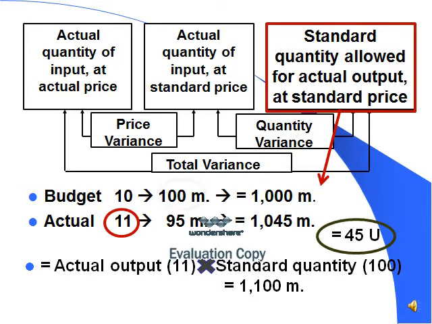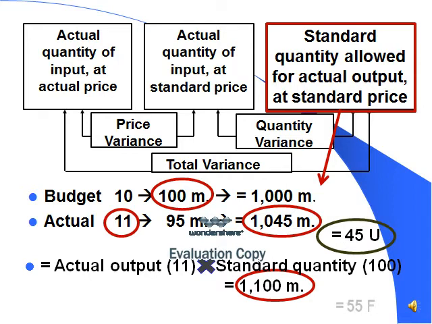It equals actual output 11 units times standard quantity 100 millimeter, equal 1100 millimeter. So actual minus standard, 1045 minus 1100 equal 55 favorable. Favorable because the actual quantity is less than the budgeted quantity.